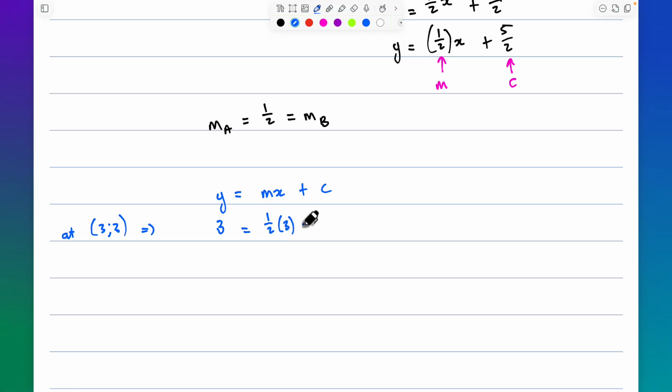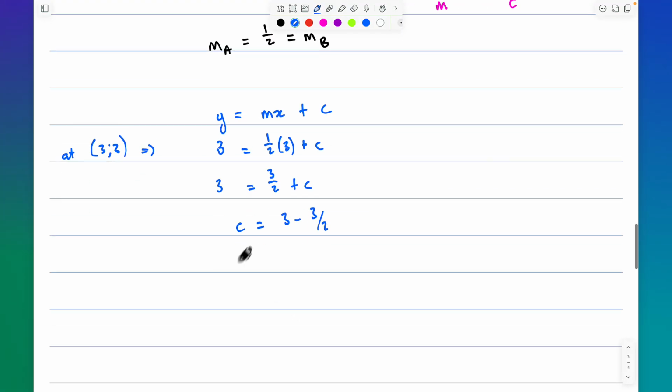And then you're going to add your c value. So this is going to be 3 is equal to 3 over 2 plus c. Therefore, the c value is going to be 3 minus 3 over 2, which is 3 over 2. So your c value for this equation is going to be 3 over 2.